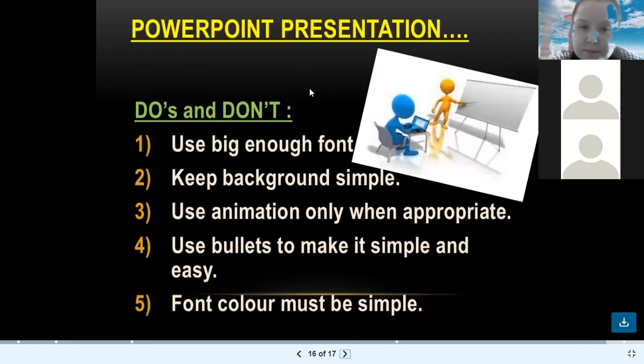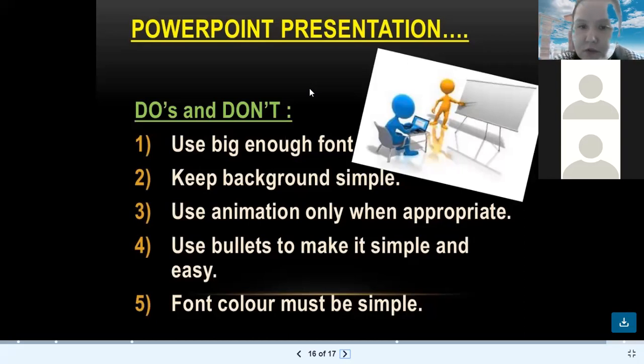And here are some rules for making PowerPoint presentation. The first one, you have to use a big enough font, and you have to keep the background simple. Why? Because you shouldn't use very bright colors like red, yellow, or green, because it will be disturbing, and your learners' attention will be on the colors, on the decoration of your PowerPoint presentation.